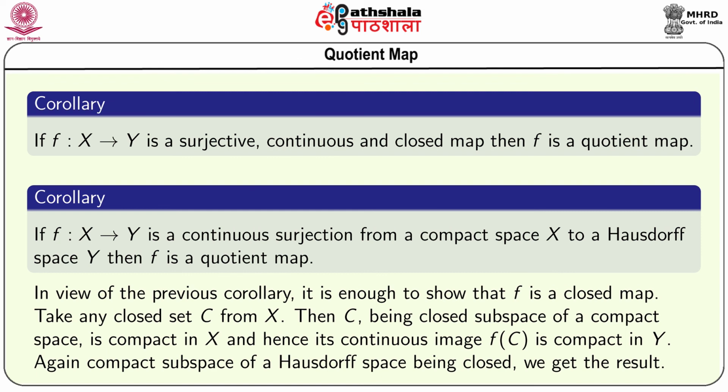Therefore, the continuous image f(C) is compact in Y. Once again, a compact subspace of a Hausdorff space is closed, and therefore f(C) is closed in Y. That means f is a closed map. Therefore, using the previous corollary, we have that f is a quotient map.